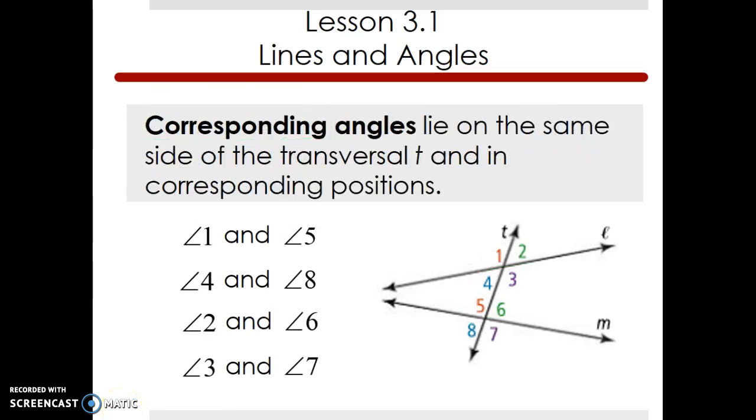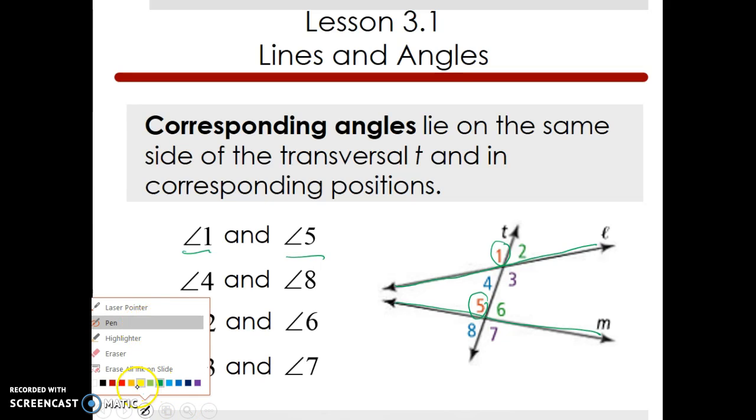Corresponding angles lie on the same side of the transversal and in the corresponding position. So if you see line L and line M, this one's going to be top left, that's top left. So they're corresponding. They're in similar positions for their line.